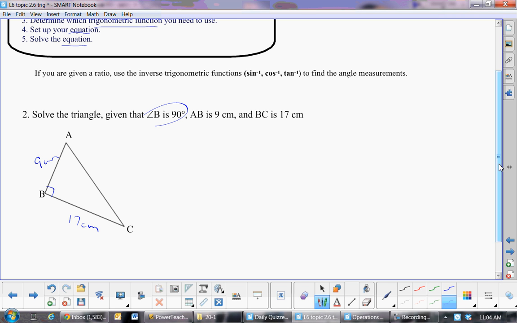How are we going to find it? Good. So first of all, let's find side AC, right? So yes, Pythagoras is always going to show up. So we will do the square root of 17 centimeters squared plus 9 centimeters squared, right? And when we do that, 19.2 centimeters.